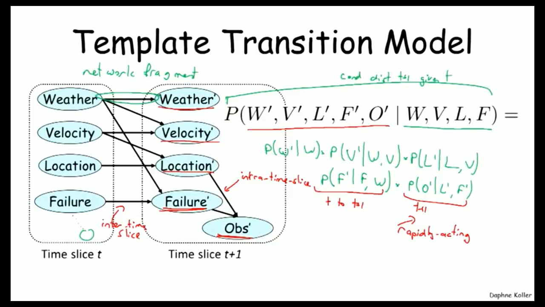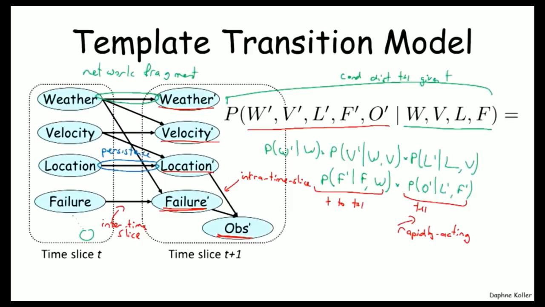Another particular type of inter-time slice edge that's worth highlighting specifically are edges that go from a variable at one time point to the value of that variable at the next time point. These are often called persistence edges because they indicate the tendency of a variable to persist in state from one time point to another.